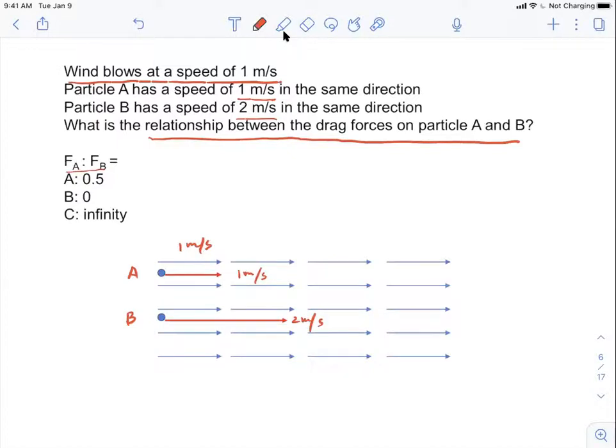So what is the relative velocity for A against the ambient velocity or the wind velocity? The VR for A should be equal to 1 minus 1. It's 0 meter per second. And the relative velocity for particle B should be 2 minus 1. That's 1 meter per second. So one is 0 and one is 1.